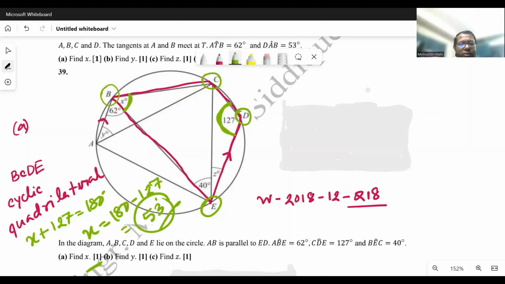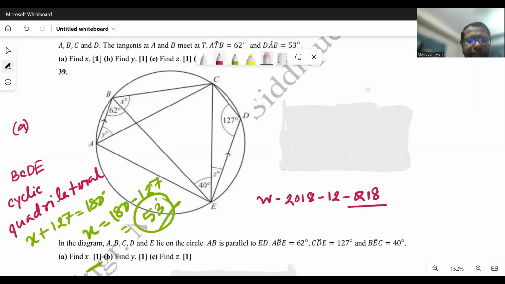Then we have to find out Y. Now, look at here. Standing on the same arc BC, the angle at the circumference is Y. Standing on the same arc, the angle at the circumference at the other point is 40 degrees.